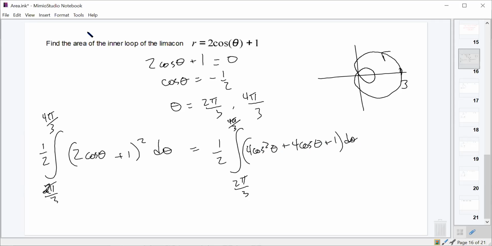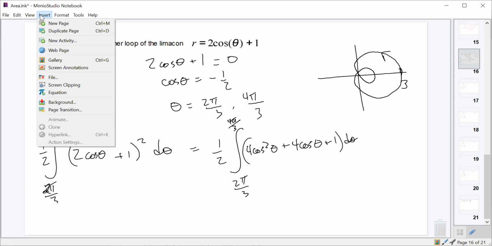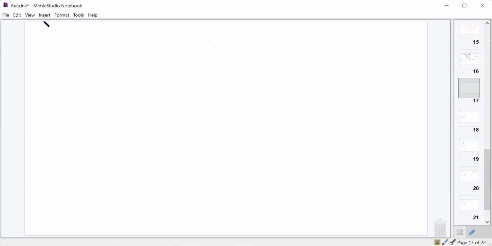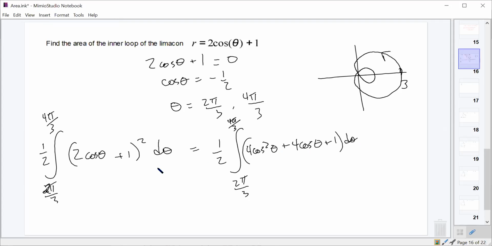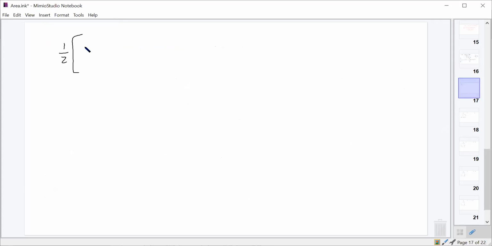And the first part of that should be easy enough. Not the first part, the second part of that should be 4 sine theta plus theta, which is going to have to be evaluated from 2 pi over 3 to 4 pi over 3.